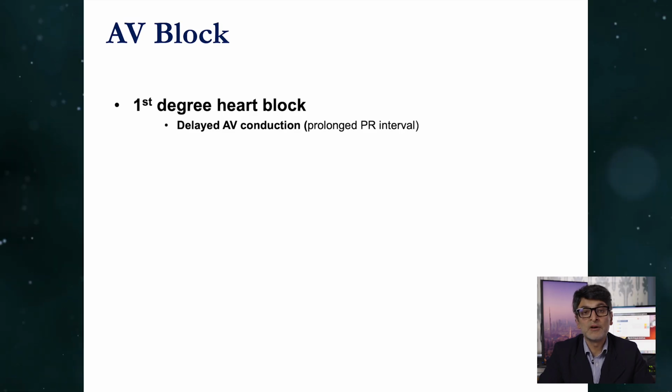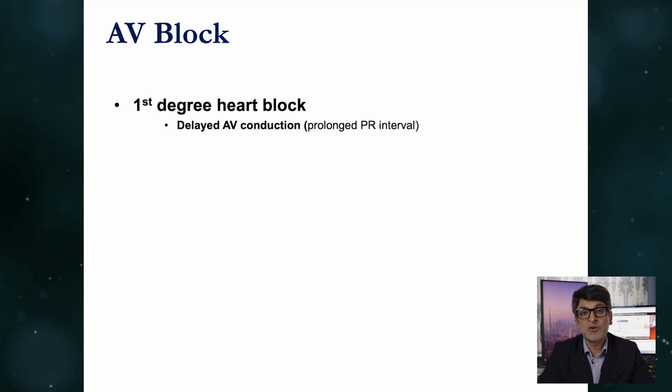That's more than one large square. So if you see a PR interval from the start of the P wave to the start of the QRS that is more than one large square, more than 200 milliseconds, more than 5 small squares, that's first degree heart block.